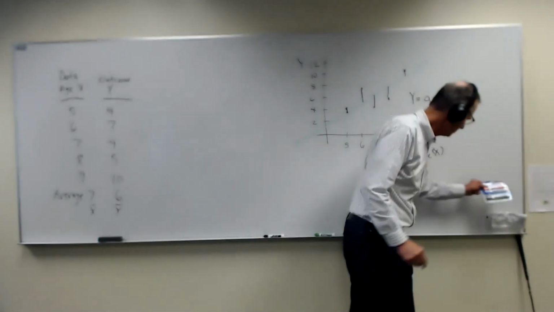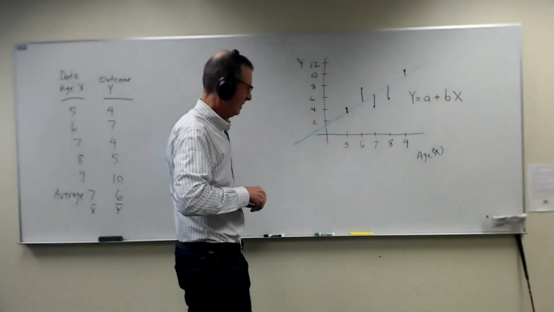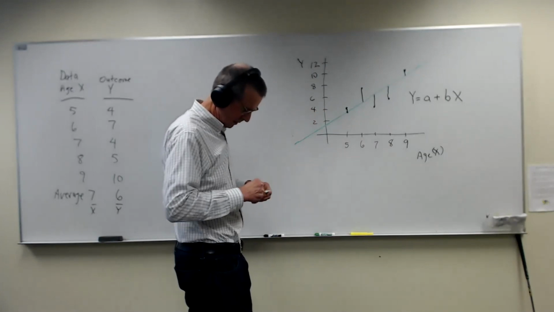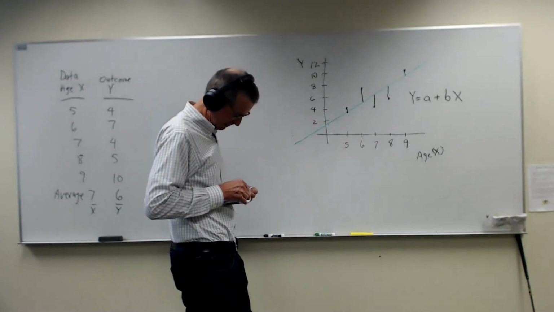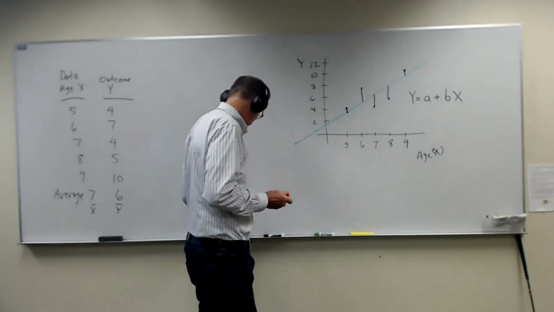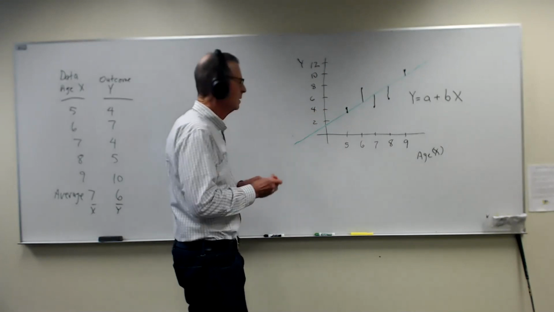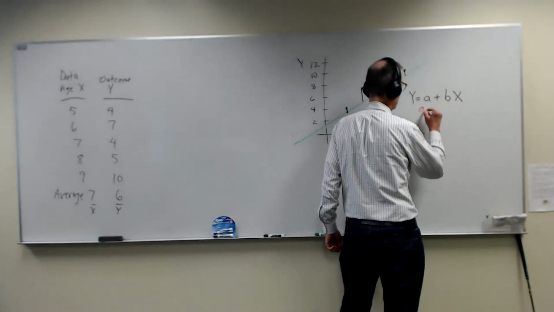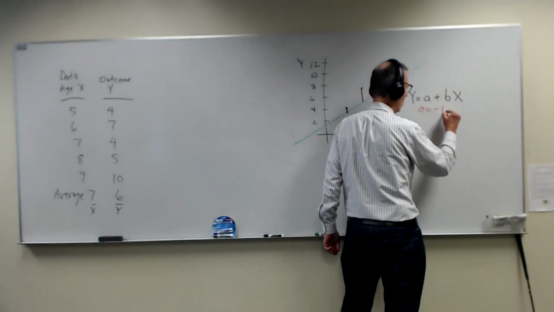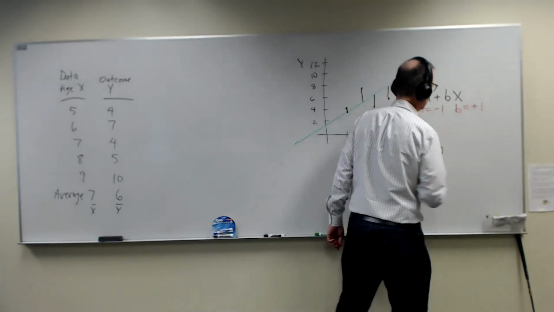And when you actually do this calculation, you end up with an equation where a equals -1 and b equals +1.